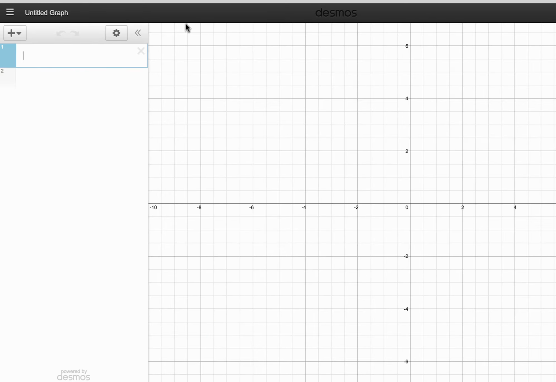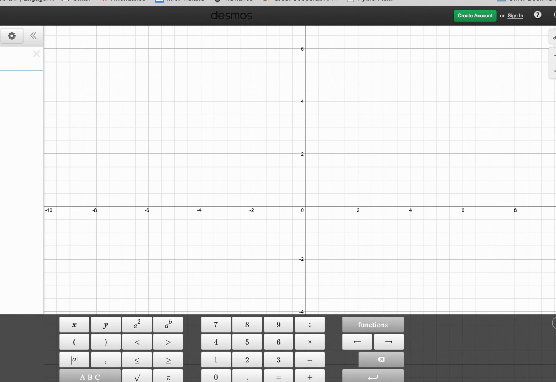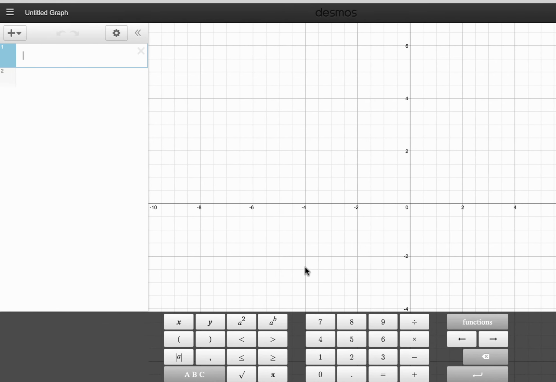I'm going to come over here to Desmos, and I'm going to type in my equations. All right, I just got to get my keyboard up. X squared plus y squared should equal 1. There's my circle. Now here's my line.